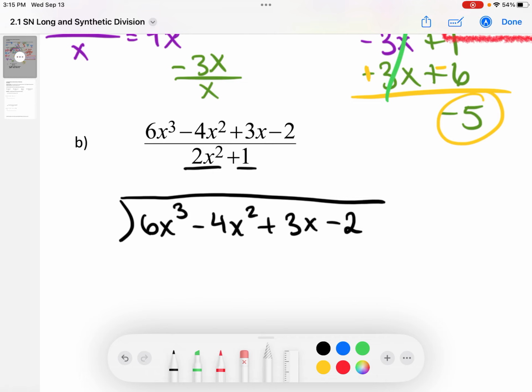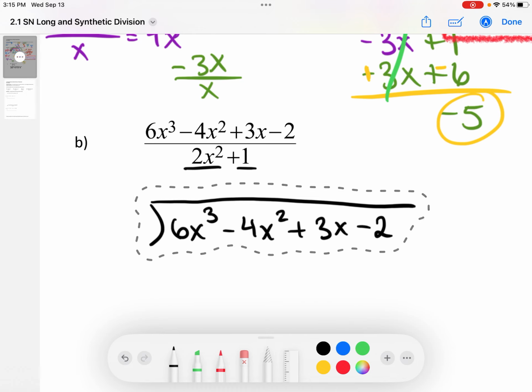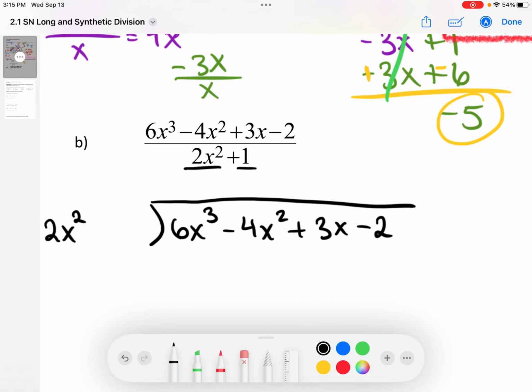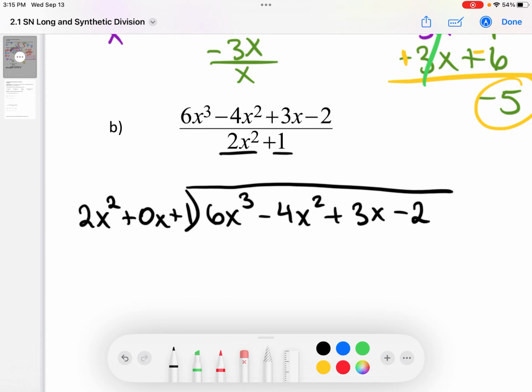So we skipped an x to the first power. So when we write this on the outside, we have to go 2x squared plus 0x plus 1. And that is so all of our like terms add up properly. Because that denominator, the bottom, skipped that first power, we had to put a first power in the problem.